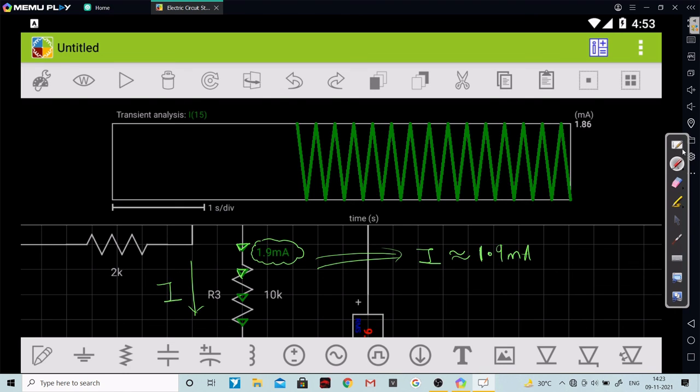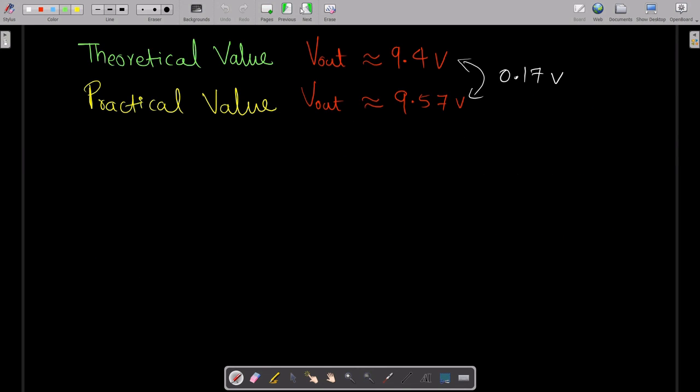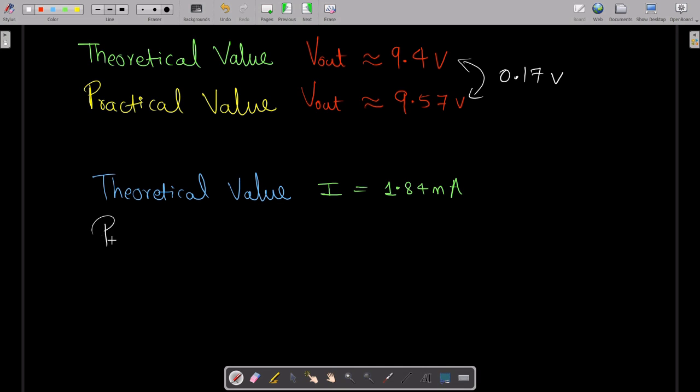So the theoretical value for current I was around 1.84 milliampere, and the practical value for current I, we got as 1.90 milliampere.